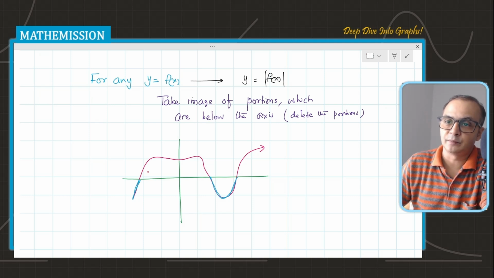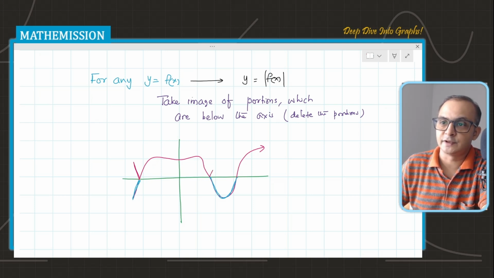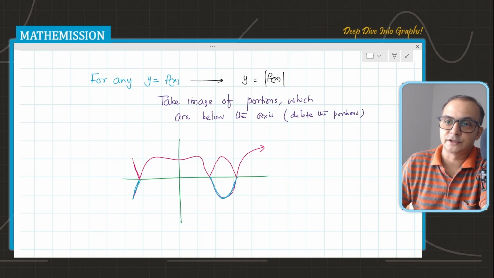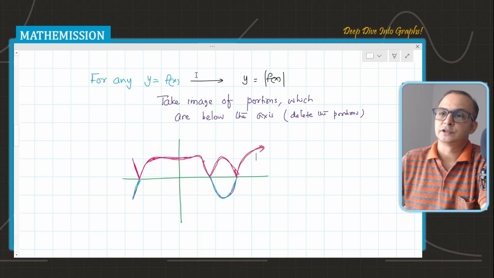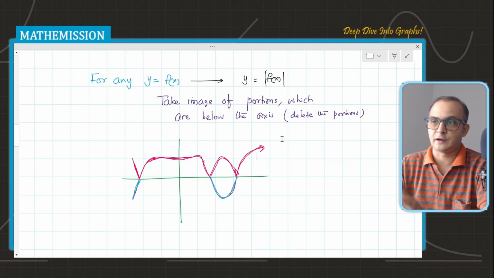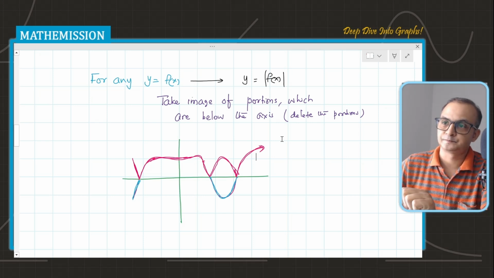So I'm taking the image of it, so it will look like that somewhat. And again I'm taking the image of this, so it will look like that somewhat. And now this whole thing will complete the graph of mod of f(x). All right, so this is the idea of drawing the graph of mod of f(x).